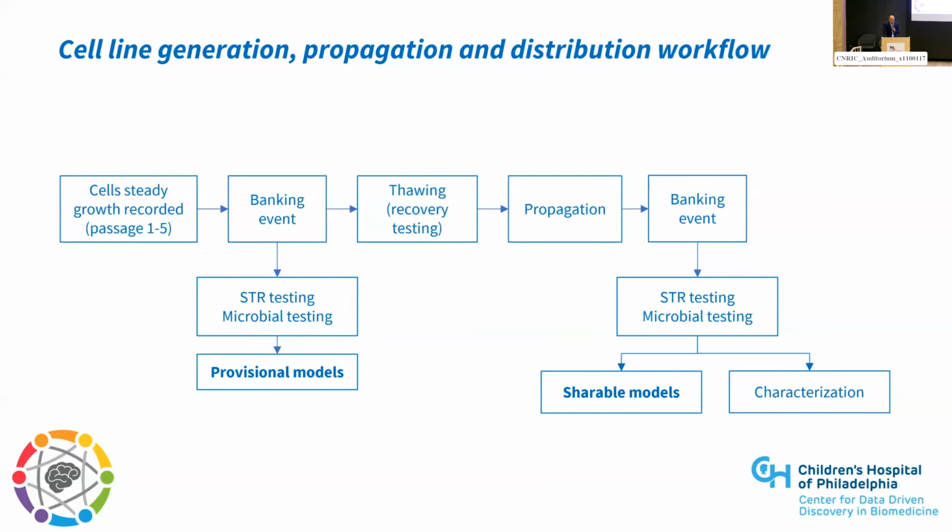Once the cell line reaches logarithmic growth and we are able to propagate it, this is the banking event where we again perform our QC testing and the cell line ends up on the shareable model list. Depending on capacity and time, we start characterization, however, at that point, very transparently, we offer those models for the community.